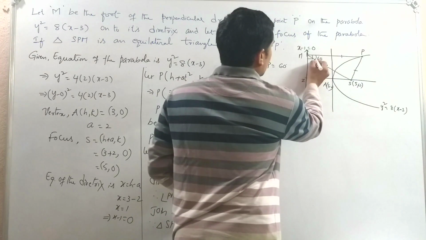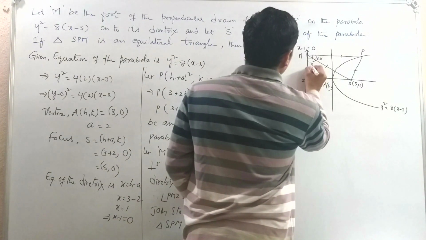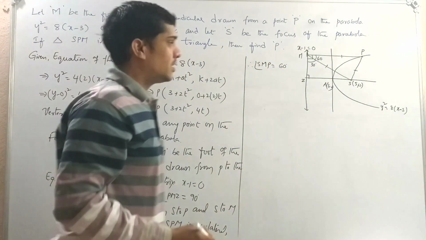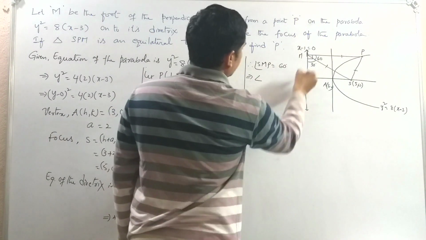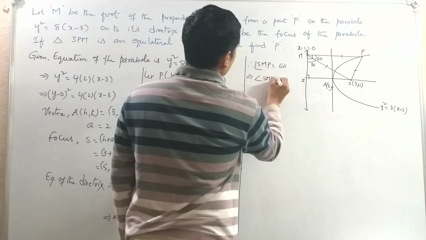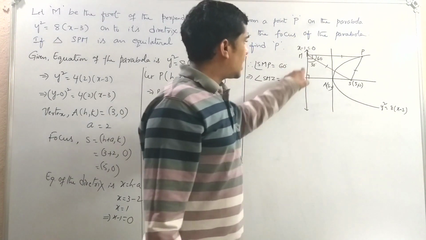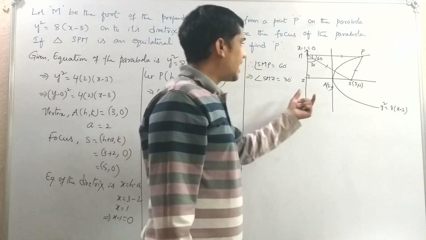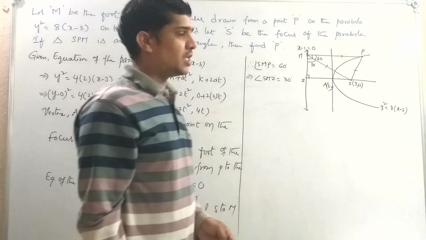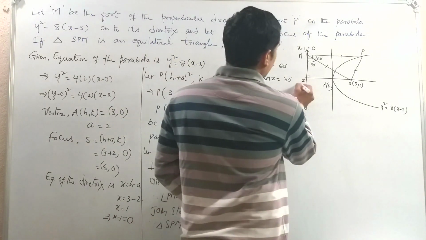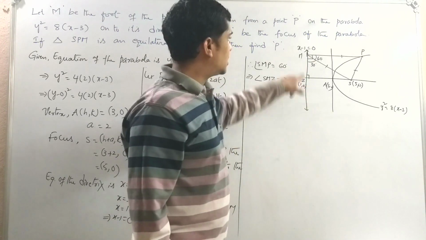So can you guess what is the remaining angle? Yes, definitely it is 30 degrees, because then only the sum is 90. So from this, angle SMZ is equal to 30. Now if you observe, it is a right angle triangle. In this right angle triangle, what is the value of SZ? That we need to consider. Here Z is nothing but the point 1 comma 0, because the equation of the directrix is x is equal to 1.